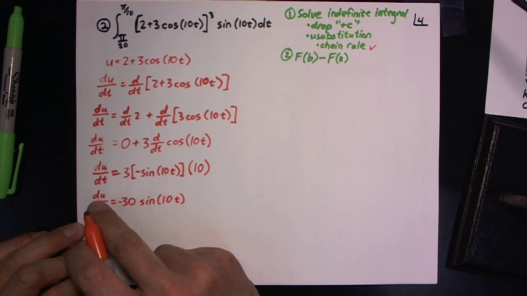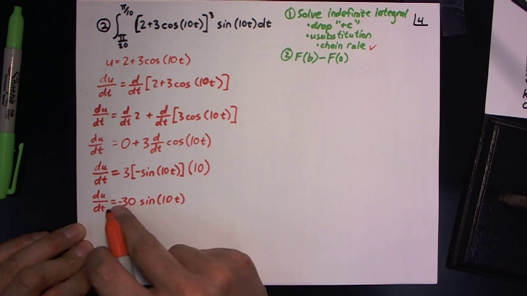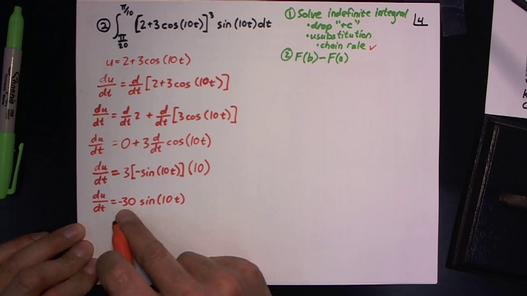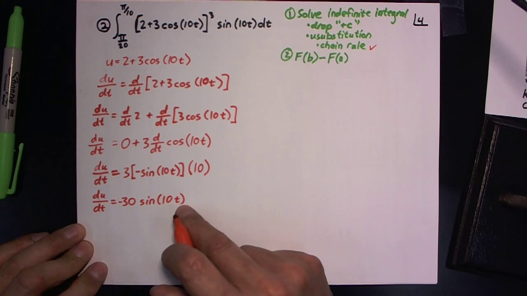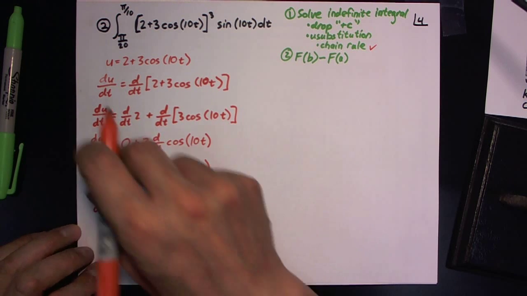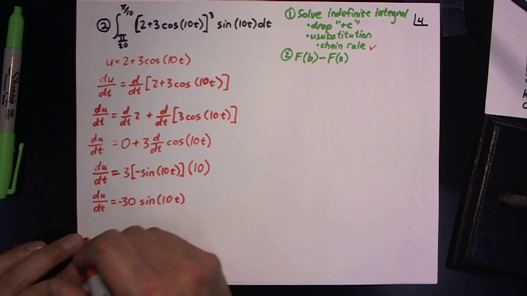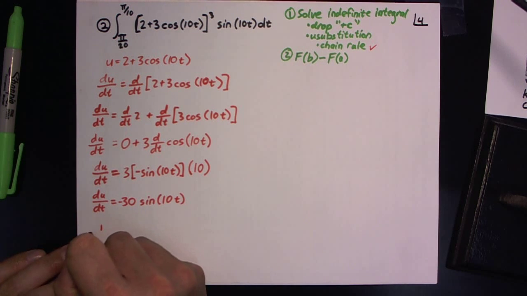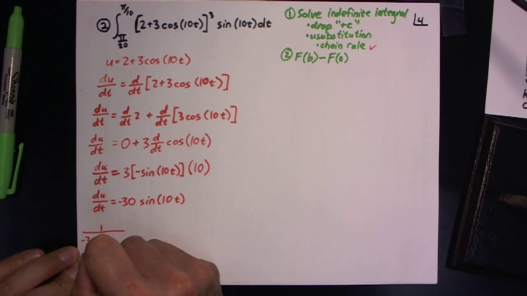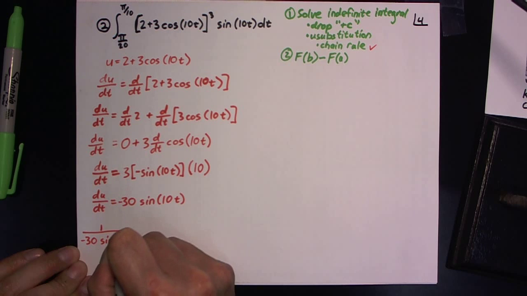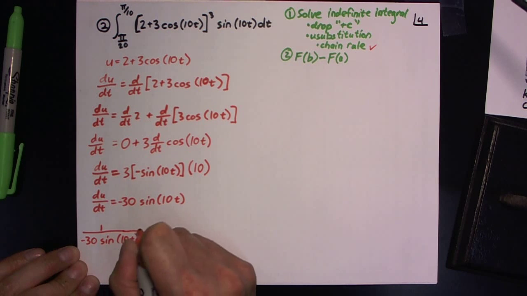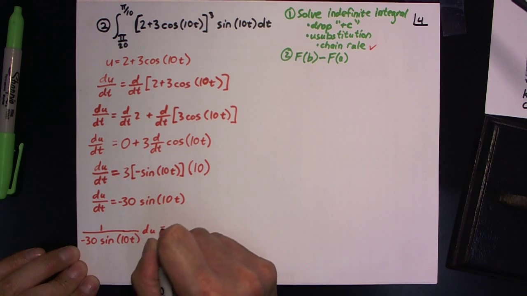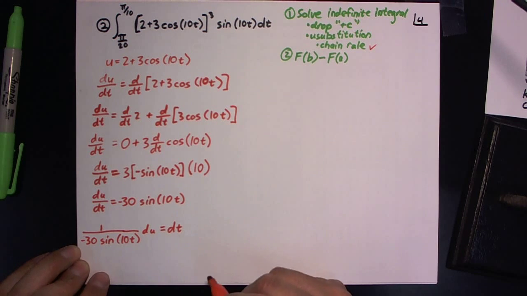What we need to do is isolate dt, multiply both sides by dt, divide both sides by the quantity 30 times sine of 10t. So that will give us that.